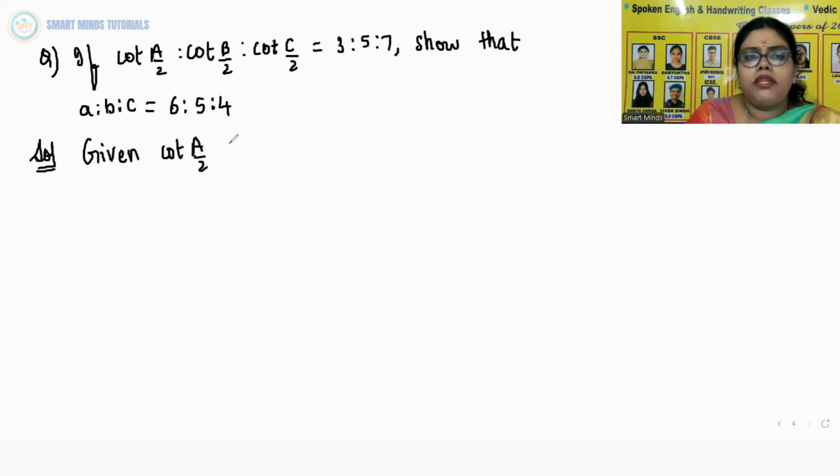Given cot A/2 : cot B/2 : cot C/2 = 3 : 5 : 7.